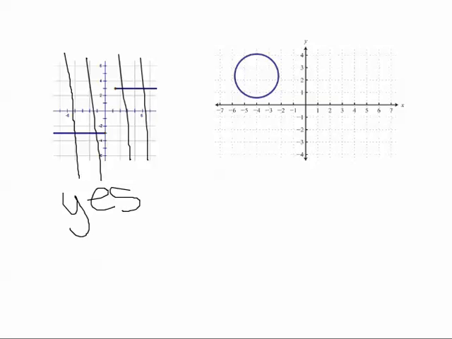Over here on this circle, I draw a vertical line through my circle, and look, this vertical line crosses it 2 times. So that is not a function.